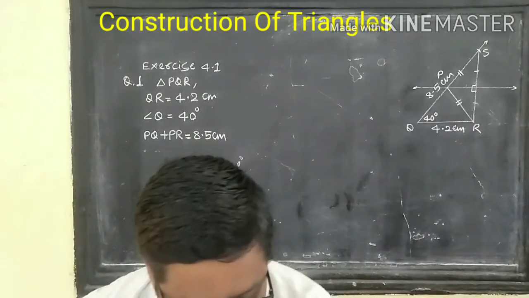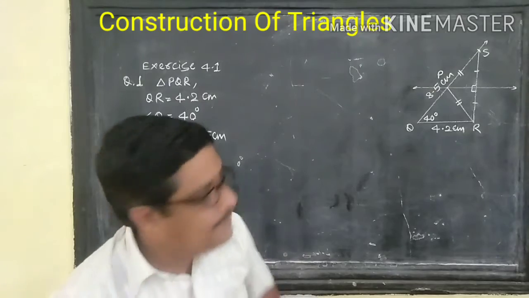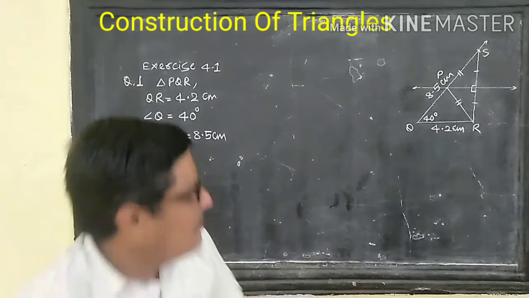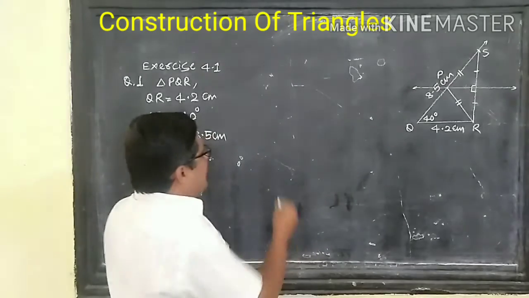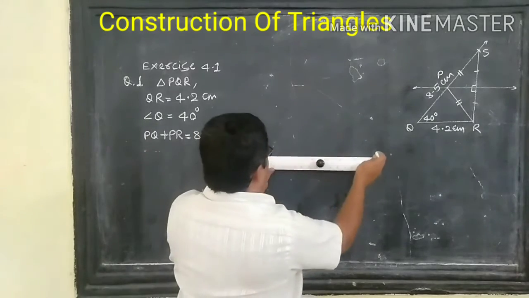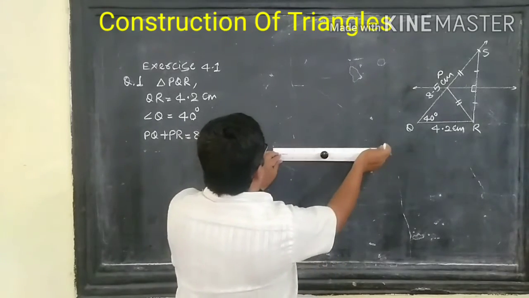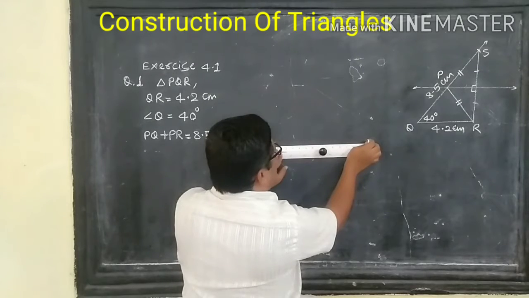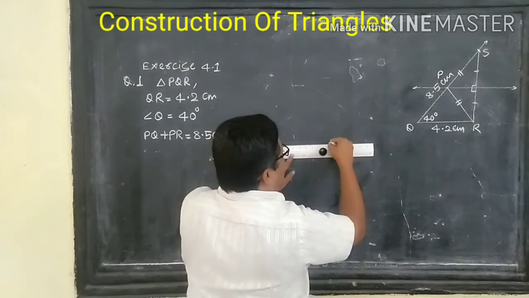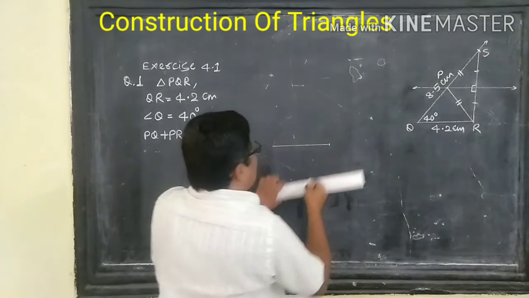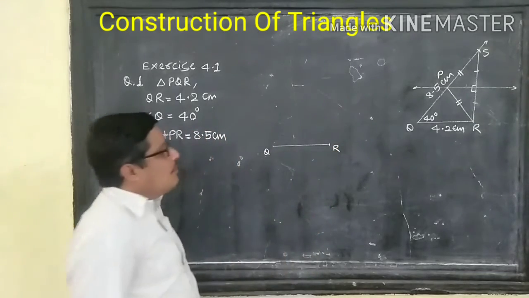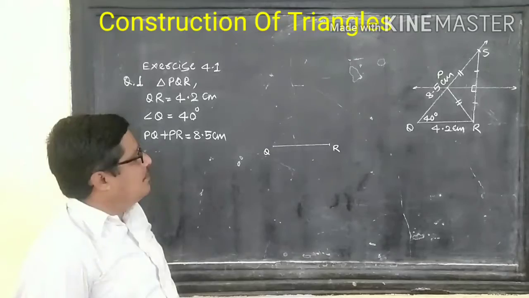Now, we will draw the analyzed figure of this. So for that, we have to take first QR, that is 4.2. So this is QR length 4.2 centimeter.